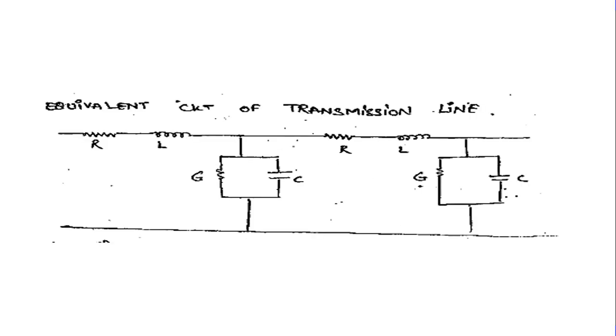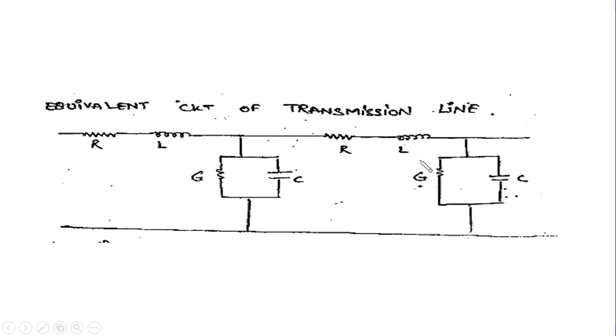Then the equivalent circuit of the transmission line. The equivalent circuit of the transmission line consists of the series resistance, series inductance, shunt capacitance, and the shunt conductance.